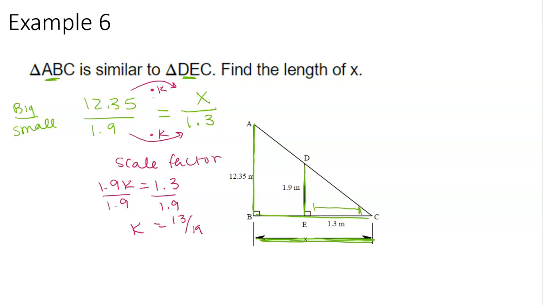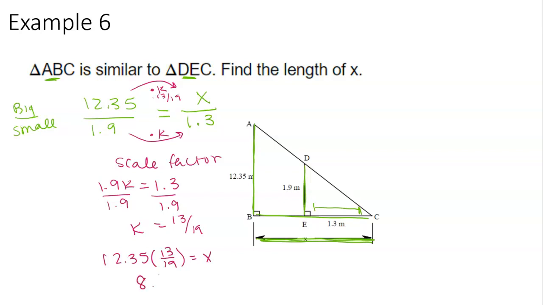So that's what I need to multiply this by, 13 over 19. So 12.35 times 13 over 19 is equal to x. And when I type that into my calculator, I've got it in my book, but I can't read my own handwriting.